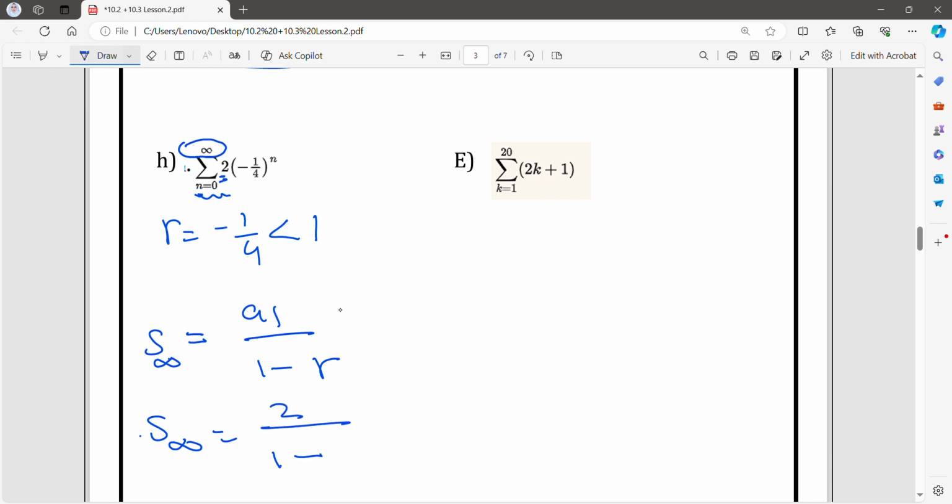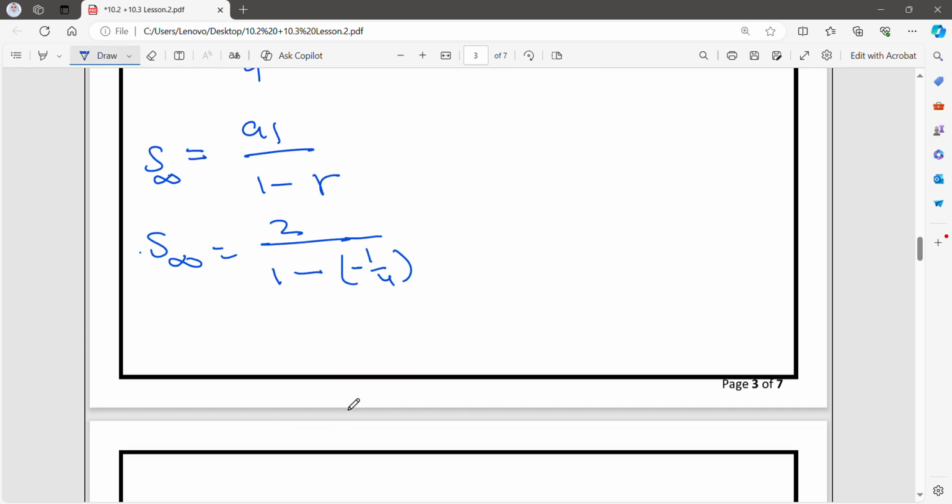Where you have a power, we have the base, negative 1 over 4. And you just give it to the calculator and you will get the answer. So 2 over 1 minus negative 1 over 4, it's 1.6.